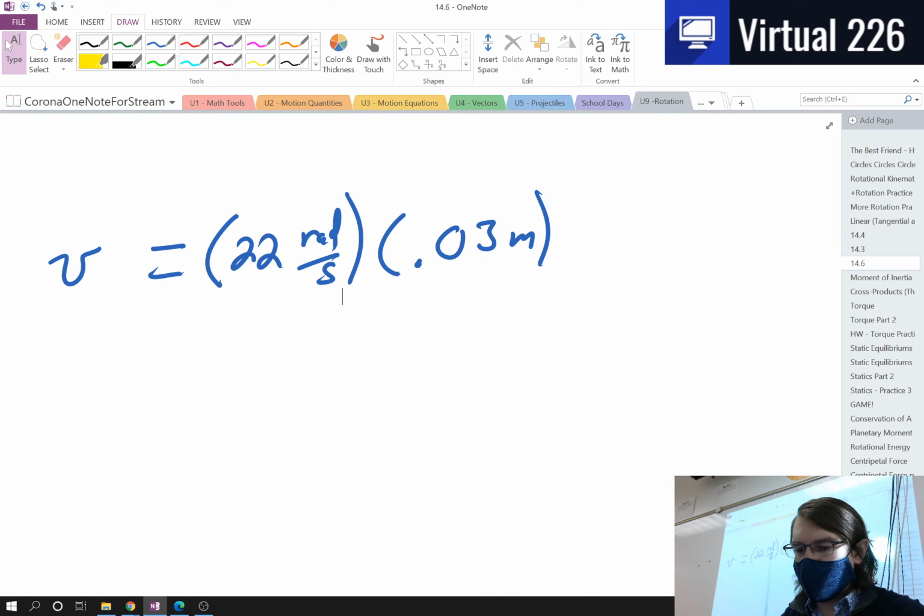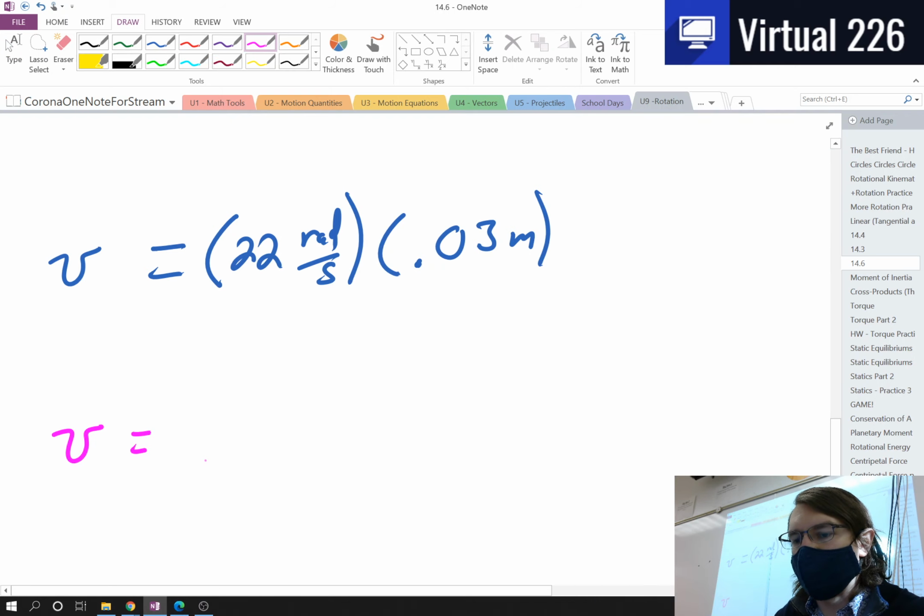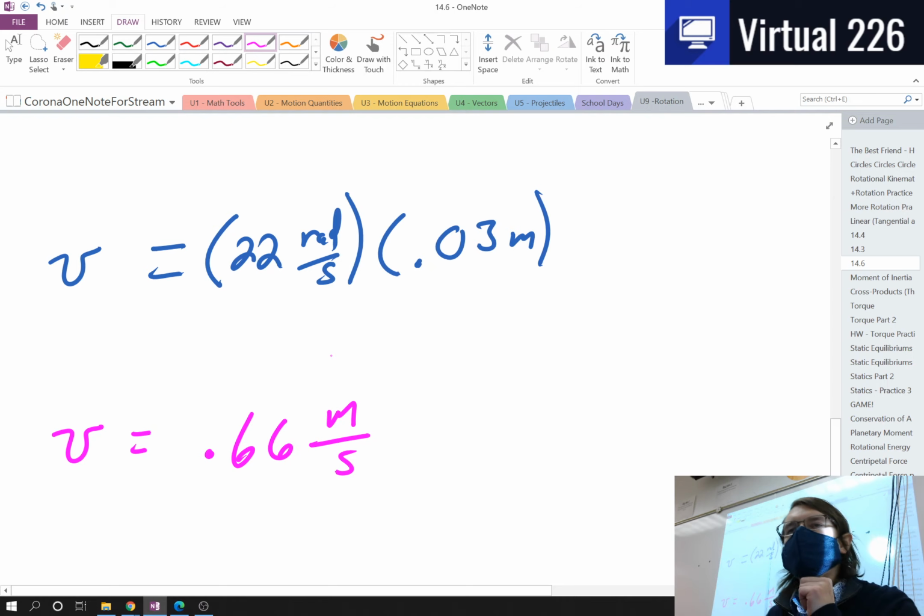Multiplying 22 times 0.03, that gives us a linear velocity, or a tangential velocity, of just 0.66 meters per second. The radian goes away here. Radian meters are not a thing. So this is the linear velocity that the disc wants to hold at.